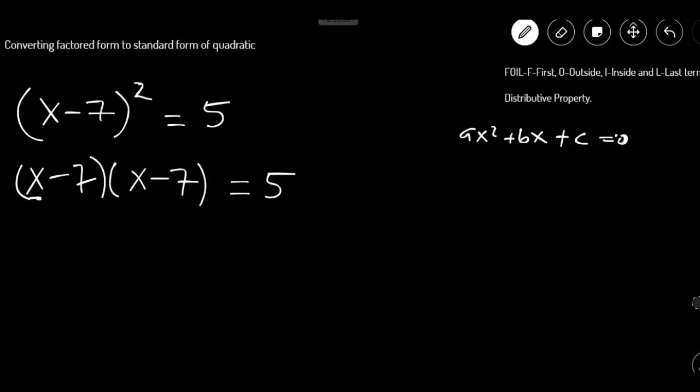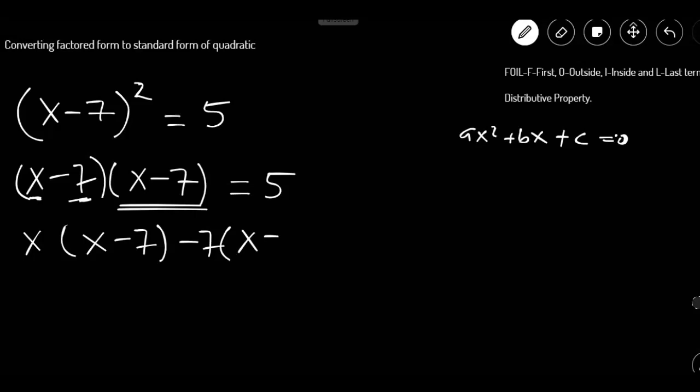When we take this one, you multiply it to this, and then we take this one, we multiply it again to that, so negative 7 multiplied again with that.